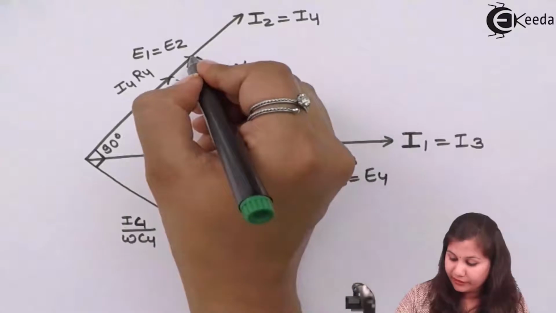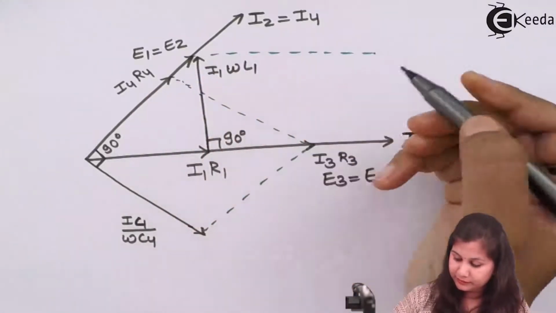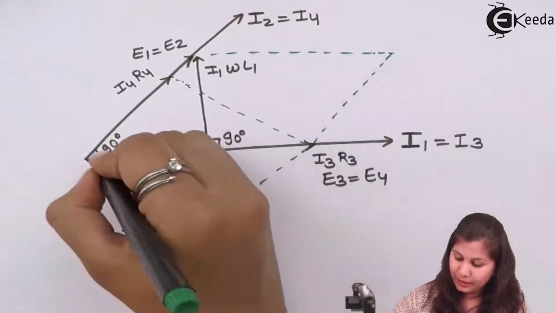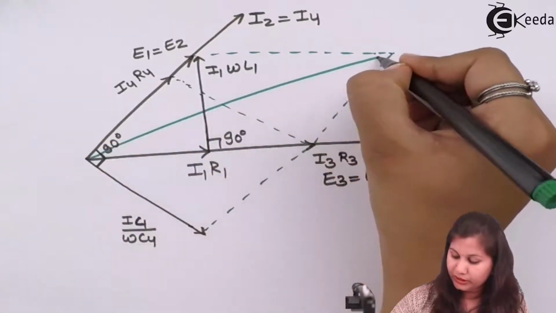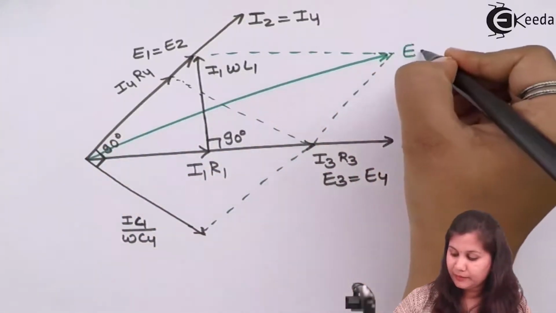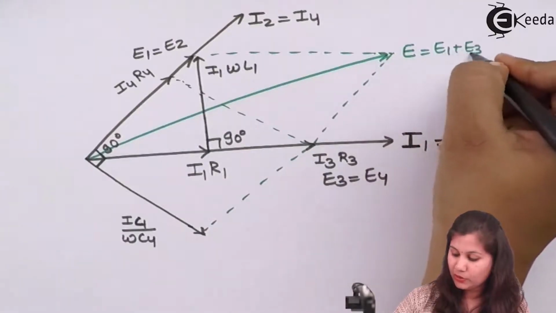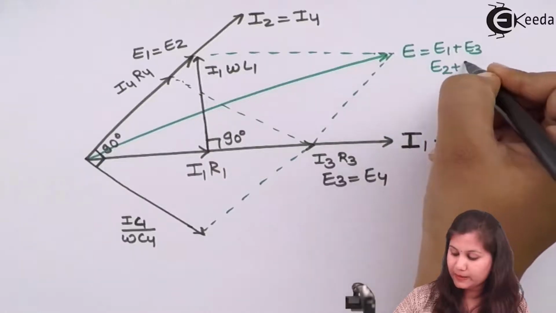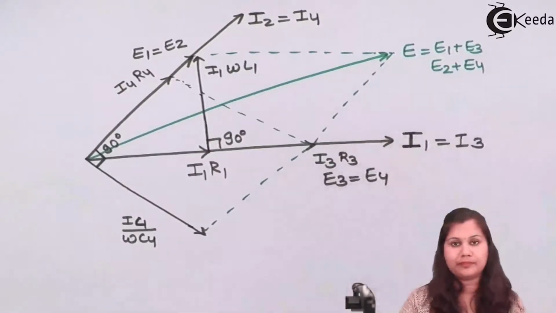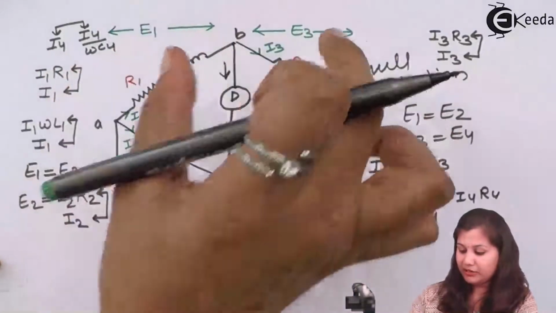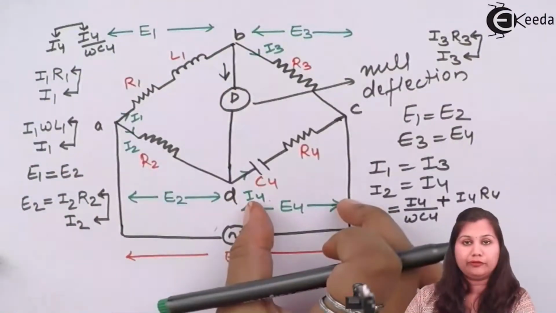So if we draw their resultant, it will be equal to the total EMF E, because E can be written as E1 plus E3, and also as E2 plus E4. You can see here the total EMF is the sum of E1 plus E3 or E2 plus E4.